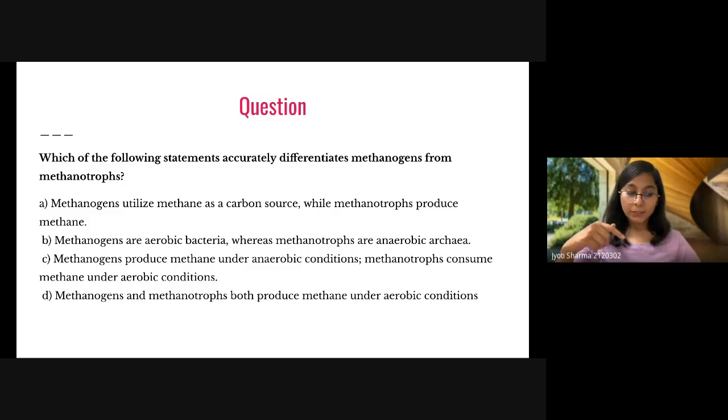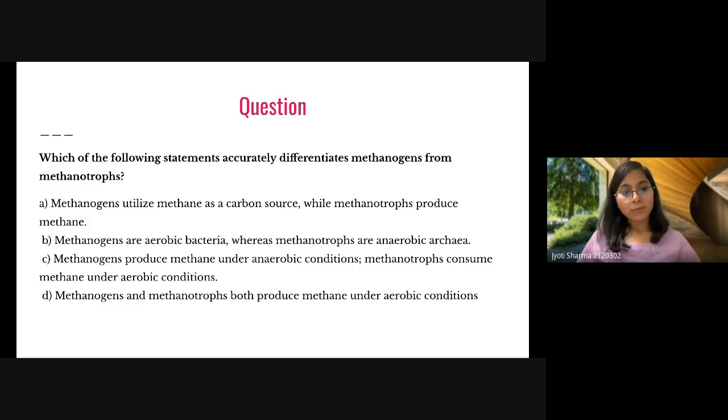And if methane is produced by some bacteria, then we can use that methane as a fuel in our transport system. This is the application of different kinds of bacteria. So coming to the options, you just need to tell me the difference between methanogens and methanotropes.